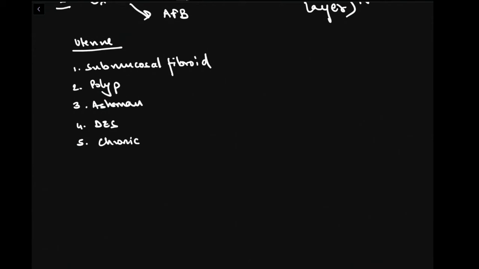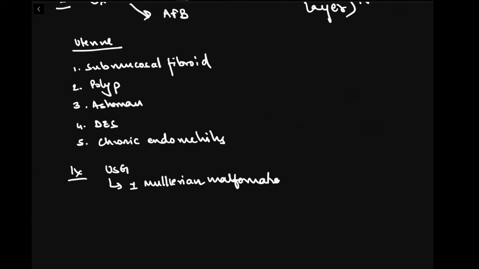And fifth, chronic endometritis, right? We will do ultrasound to look at the pathology, and we can see Mullerian malformation here as well, right? For which investigation of choice will be 3D ultrasound and gold standard will be MRI.